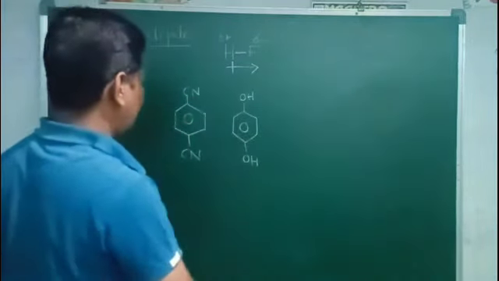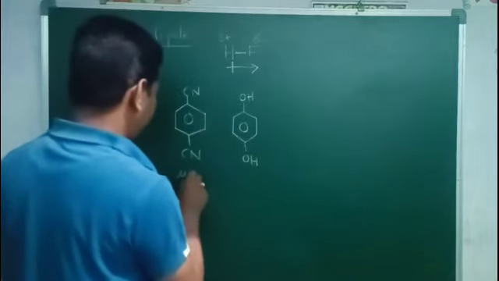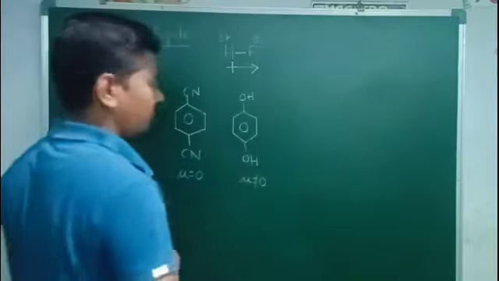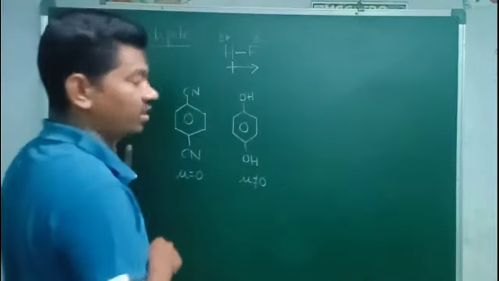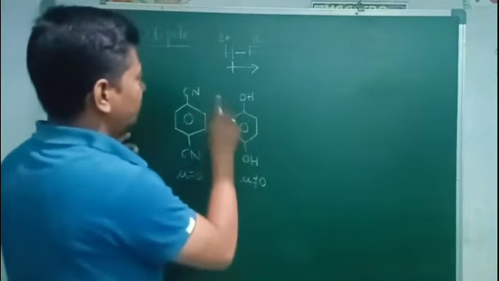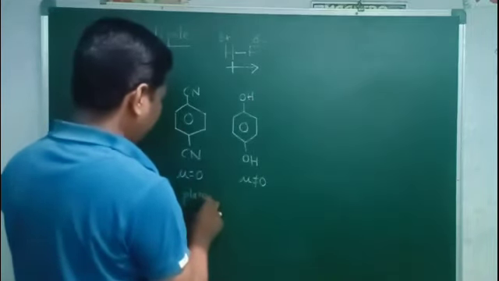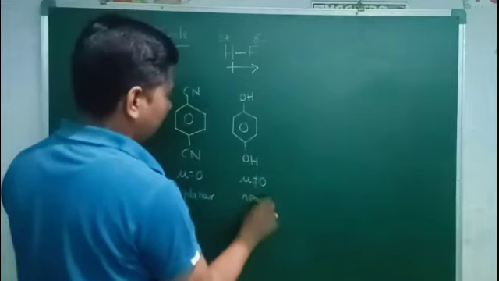In this case dipole moment is 0, mu is equal to 0, but in this case mu is not equal to 0. Why is mu not equal to 0 here? Actually, here it is a planar molecule, and this is a non-planar molecule.